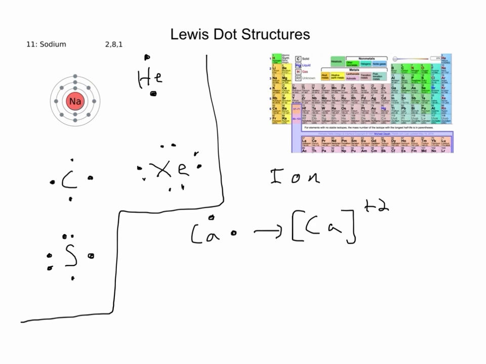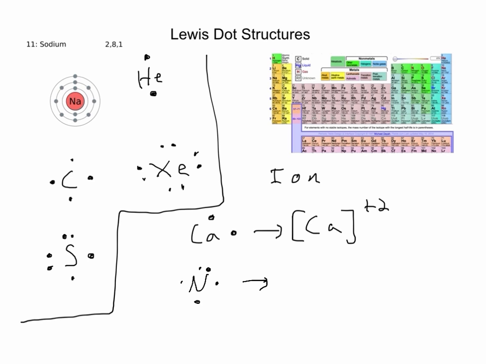And note that when I have a charge on my atom, it ends up in brackets with the charge on the outside. If I had, let's say, nitrogen, nitrogen has 5 valence electrons. Now it can either gain 3 electrons or lose 5.